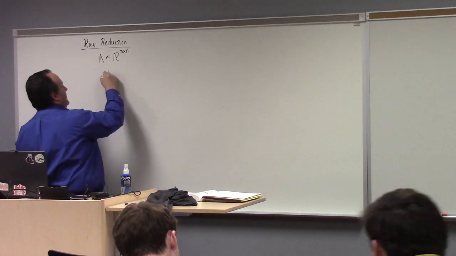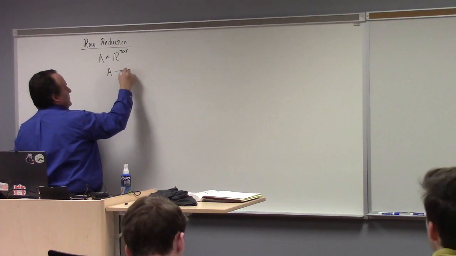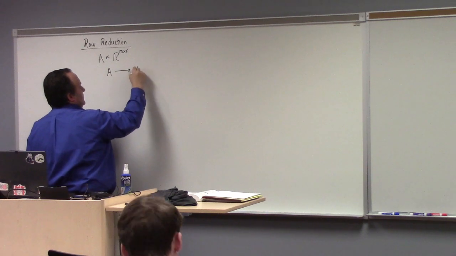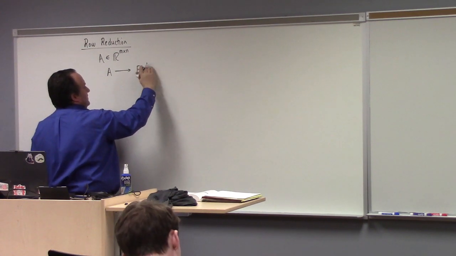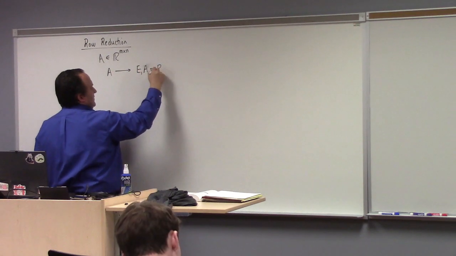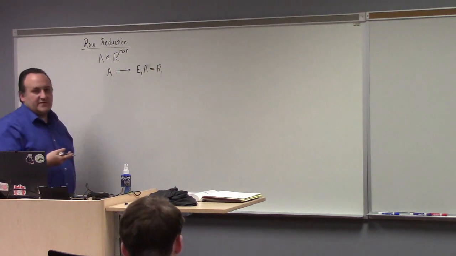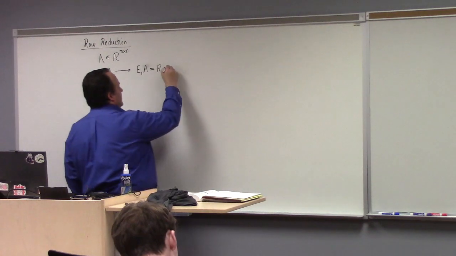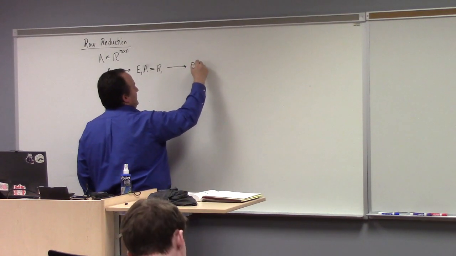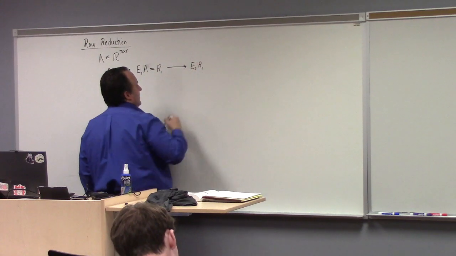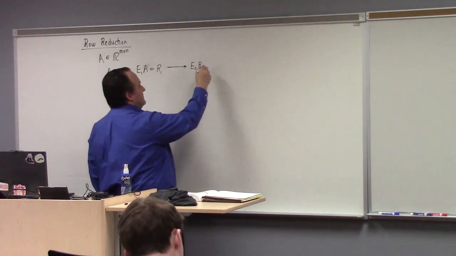You take A, right? And you go to maybe the first reduction, which you could say is an elementary matrix E1 times A. That's like the first row reduced version, right? And then you do another row operation, and that's like E2 times the previous one, which we could call R2, right?